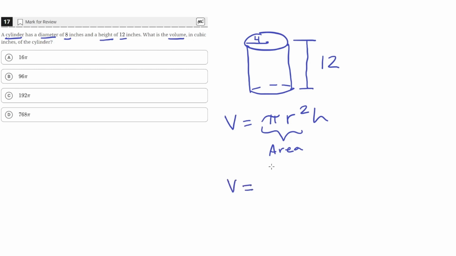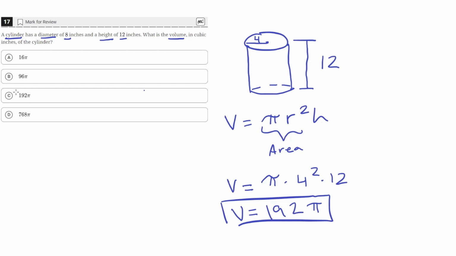So then we can just plug in our values. So pi times 4 squared times the height. So 4 squared is 16, and 16 times 12 is 192. So we get 192 pi for the volume of this cylinder, which is just answer choice C.